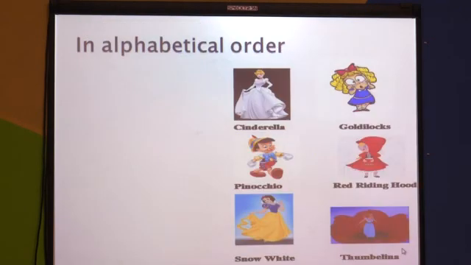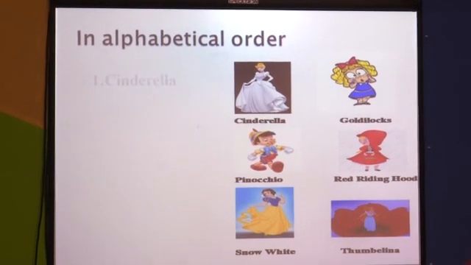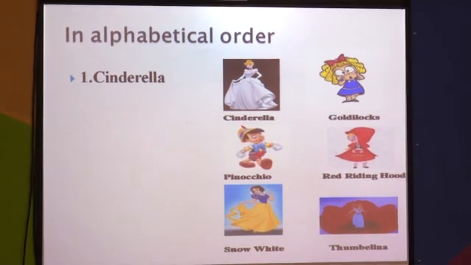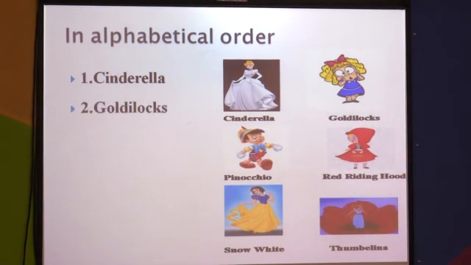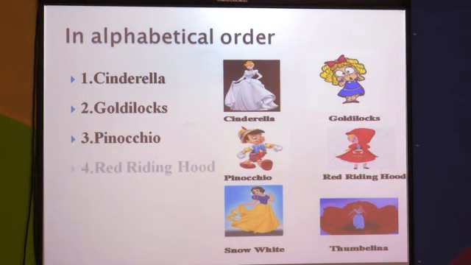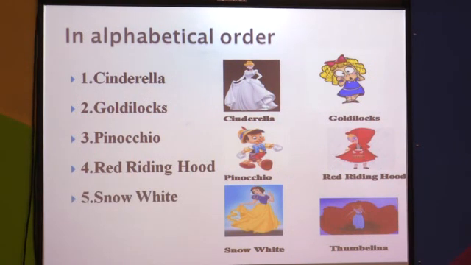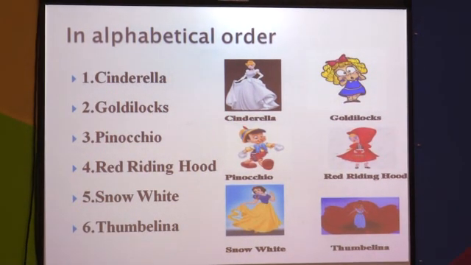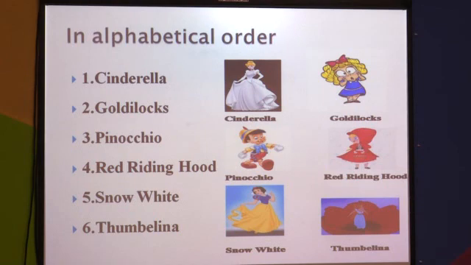So the answer in alphabetical order: first will come Cinderella, second one is Goldilocks, third one is Pinocchio, fourth one is Red Riding Hood, fifth one is Snow White and last one is Thumbelina. You have to note down the answer in your textbook.